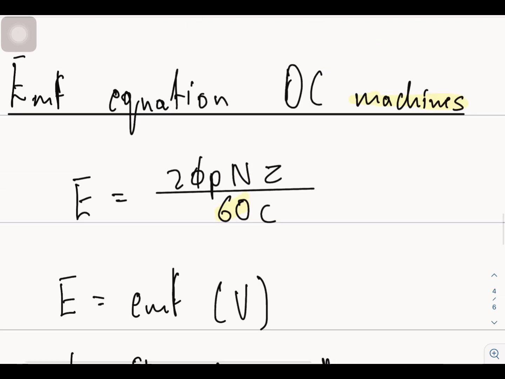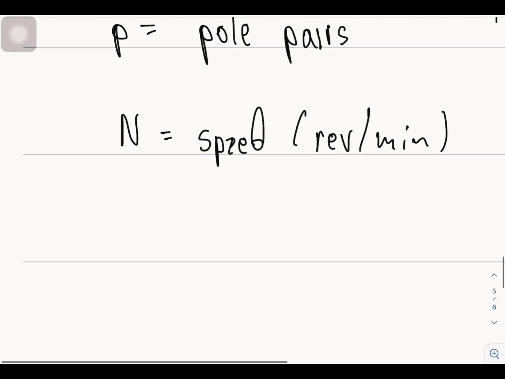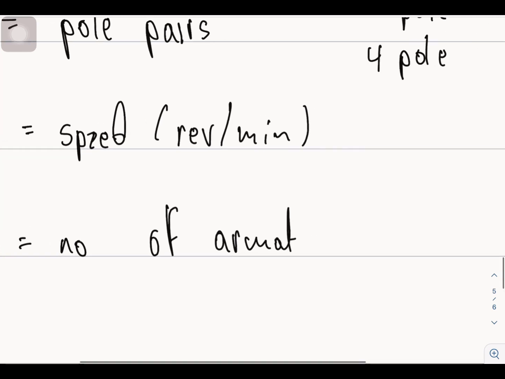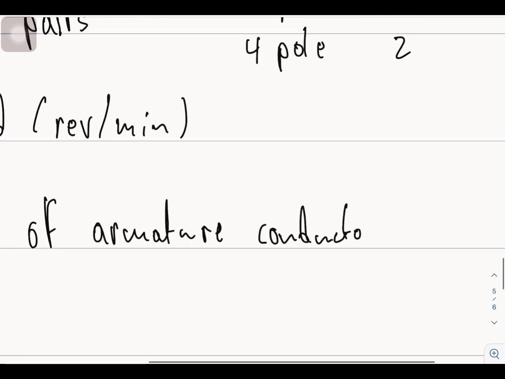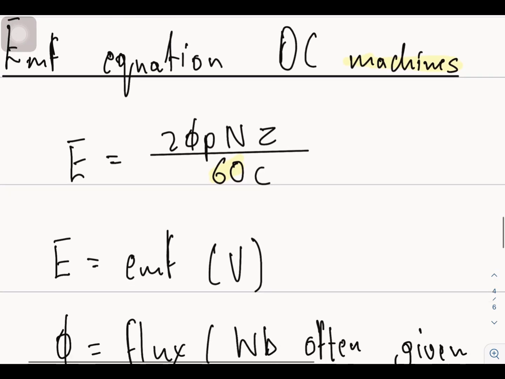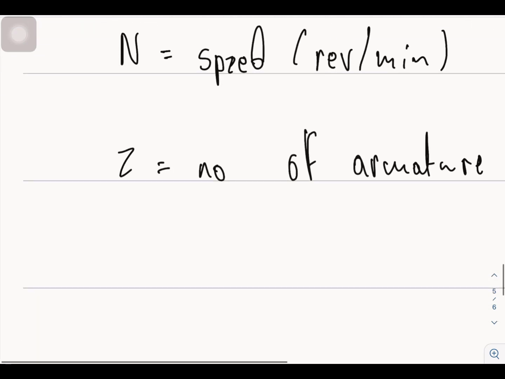Then we have Z. Z is the number of armature conductors. Then C, guys, is the type of connection of the armature.